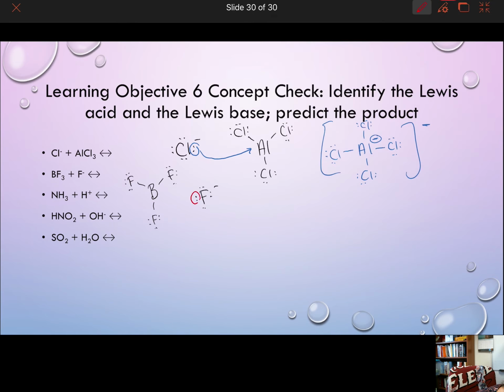An electron pair will donate there, and we will produce this species here, again with a negative charge.